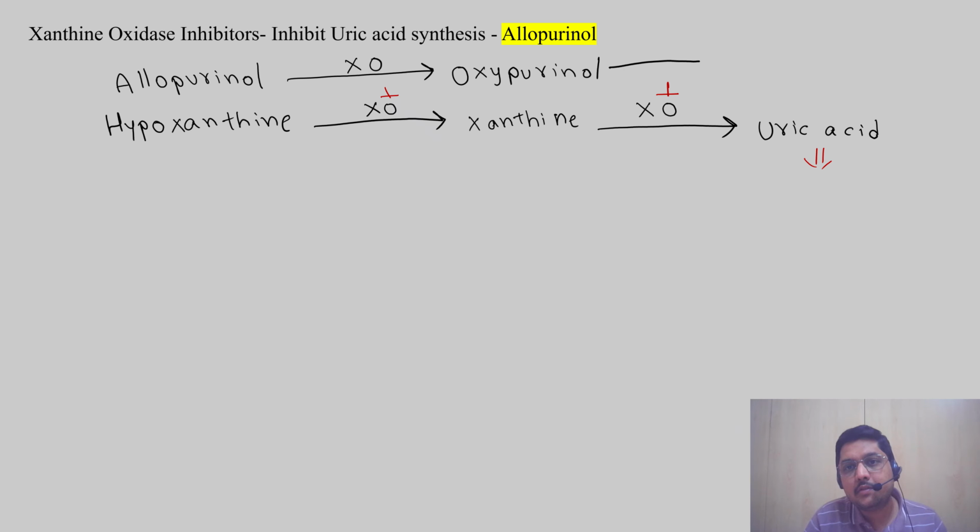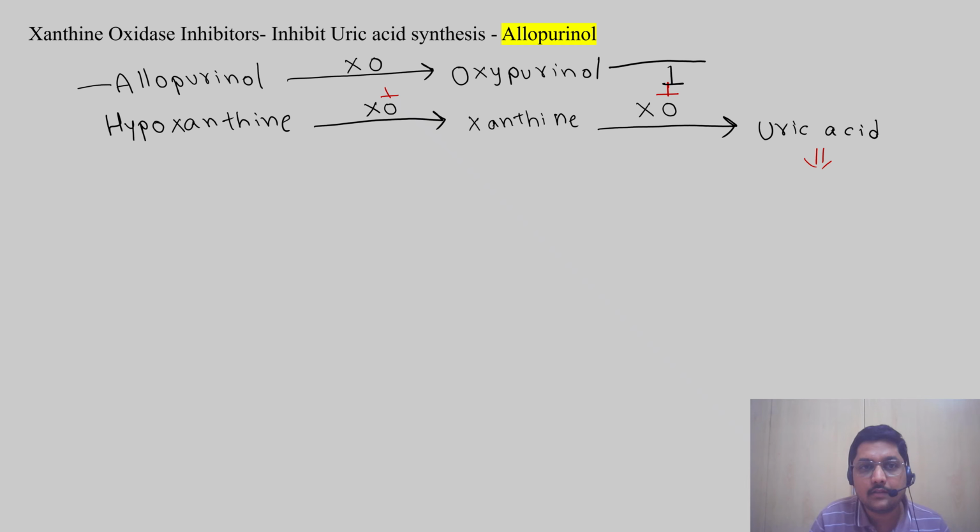It again goes and binds with the xanthine oxidase. That is, the drug allopurinol binds with xanthine oxidase, and its end product after reaction, oxypurinol, is formed. Oxypurinol again binds to xanthine oxidase and inhibits it. There is a double hit we can see here, right?